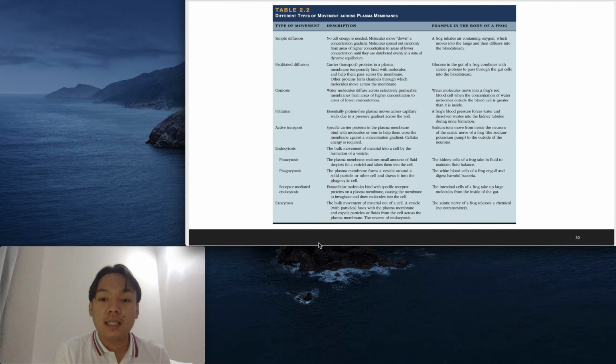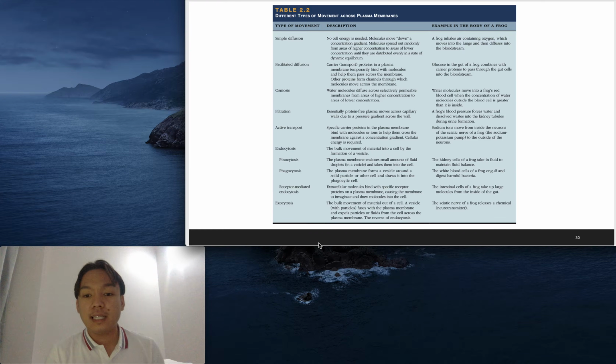Phagocytosis is like the eating of your cell, and pinocytosis is the drinking, where droplets of fluid are taken into the cell. Exocytosis is the bulk movement of molecules going out of your cell, like the sciatic nerve of your frog, which releases a chemical neurotransmitter.